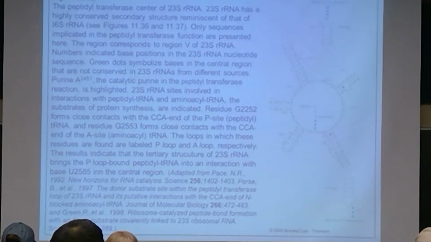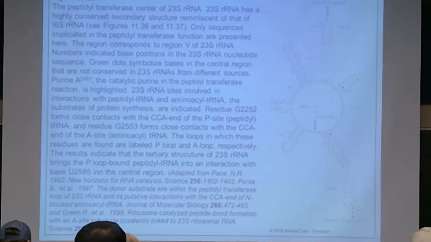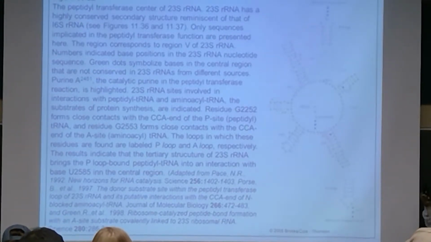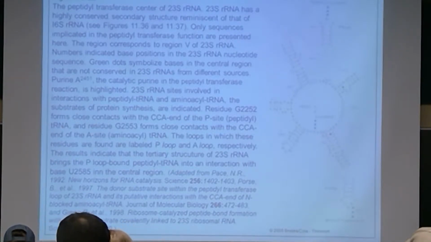I wanted to talk a little bit about the tRNA structure, a little bit about the ribosomal RNA structure, and the genetic code, and how exactly codon-anticodon pairing takes place, how tRNA is loaded with a specific amino acid by aminoacyl tRNA synthetase, and then how tRNA binds to the correct codons in the ribosome, with the peptidyl transfer activity, to synthesize new proteins.